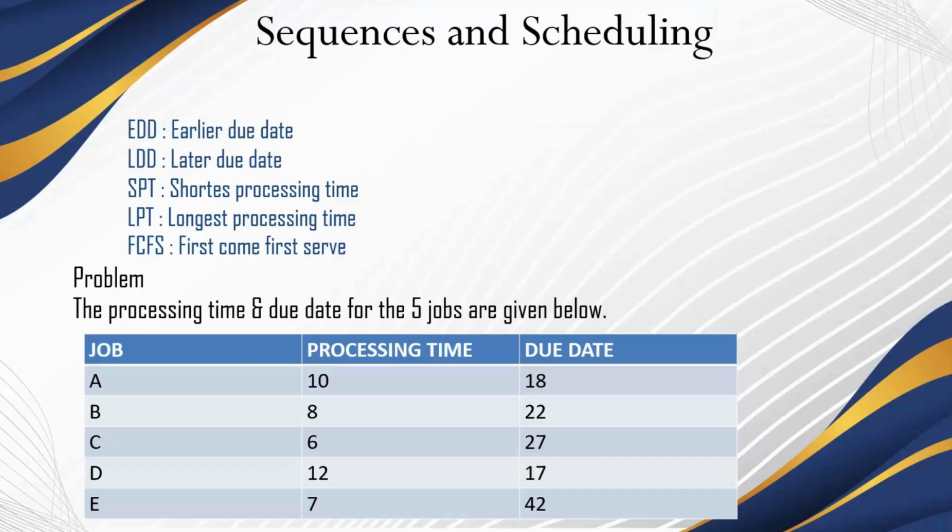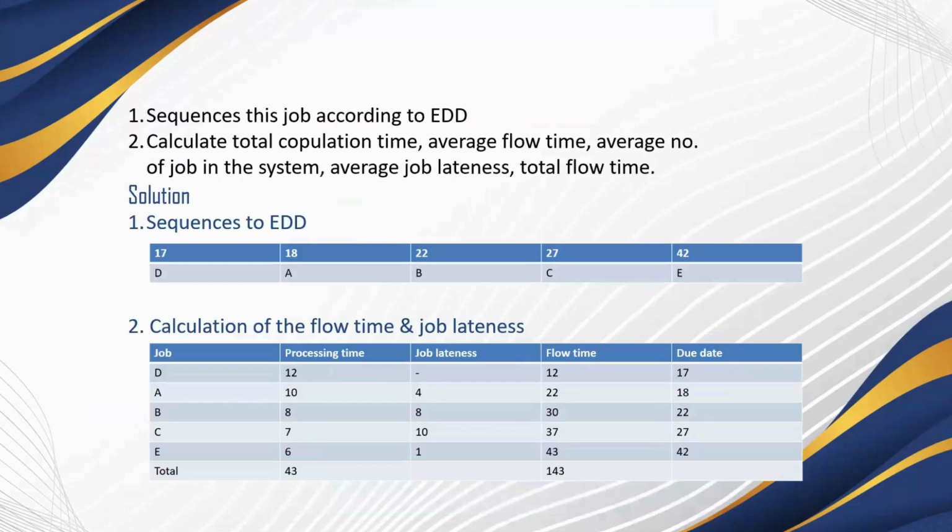First, let's sequence the jobs according to the EDD, calculating the total completion time, average flow time, average number of jobs in the system, and average job lateness, total flow time.